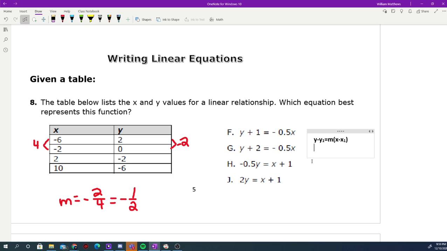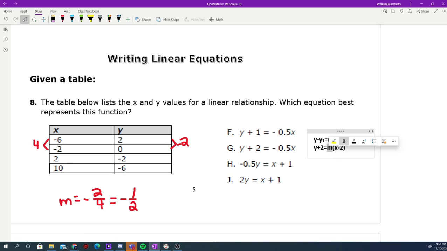So if I plug that in, that would give me y plus 2, not supposed to be capitalized. This would give me x minus 2, there we go, x minus 2. And my slope in this case was the negative 1/2.